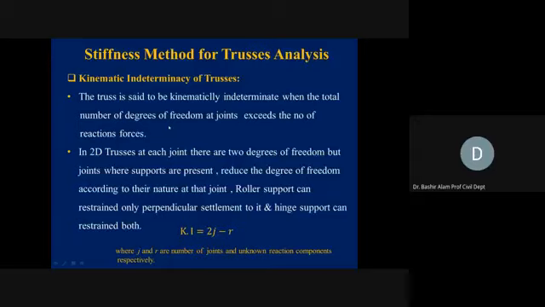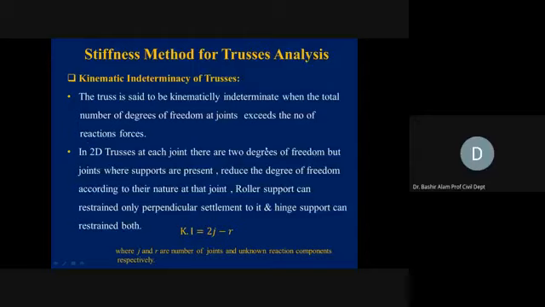So, kinematic indeterminacy in that particular direction is becoming equal to 0. So, this is how it is phrased here. In 2D trusses, at each joint, there are 2 degrees of freedom. And which one are those 2 degrees of freedom? It is translation in the horizontal direction and translation in the vertical direction.